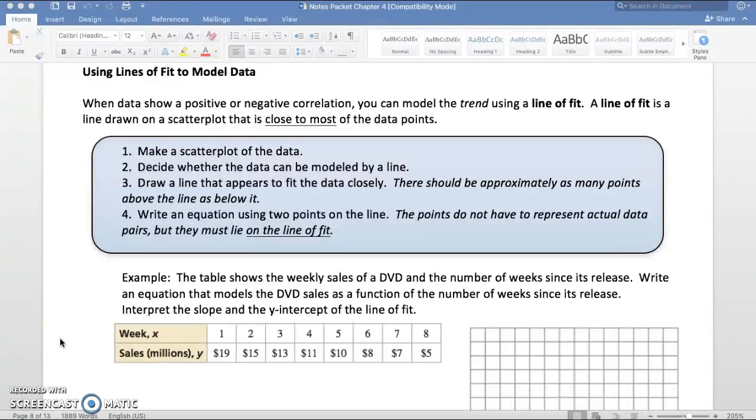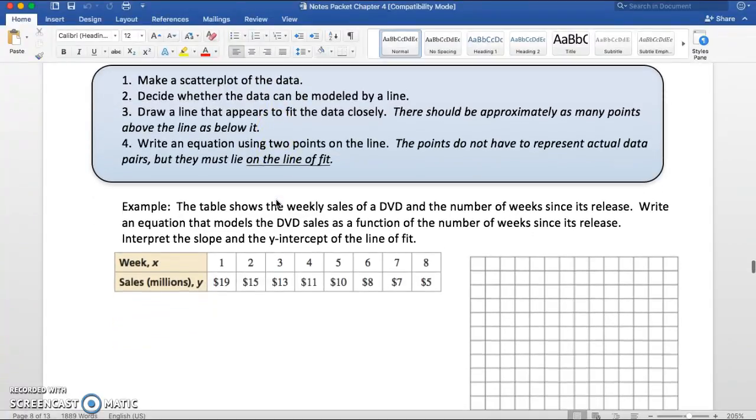So here we're going to do lines of best fit. And we're going to make a scatter plot. So when data show a positive or negative correlation, you can model the trend using a line of fit. A line of fit is a line drawn on the scatter plot that is close to most of the data points.